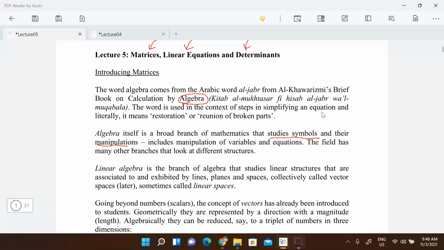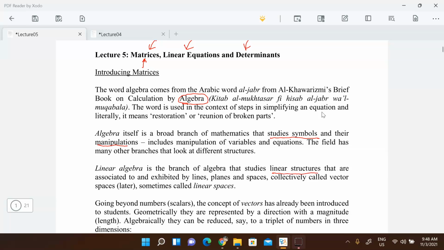And then a subset of this algebra. Algebra consists of many different mathematical structures that one can look at, including matrices. Linear algebra is essentially another sub-branch of algebra that studies linear structures.